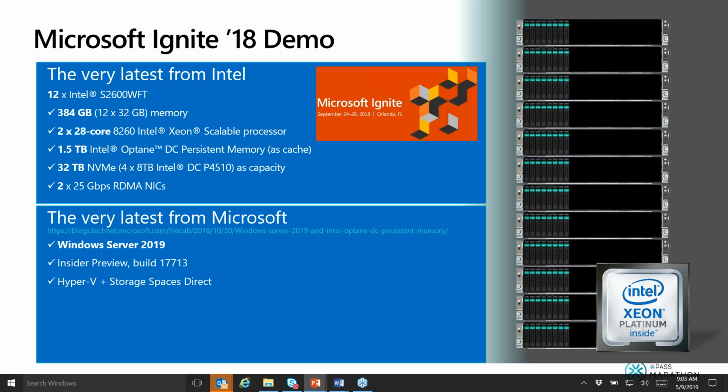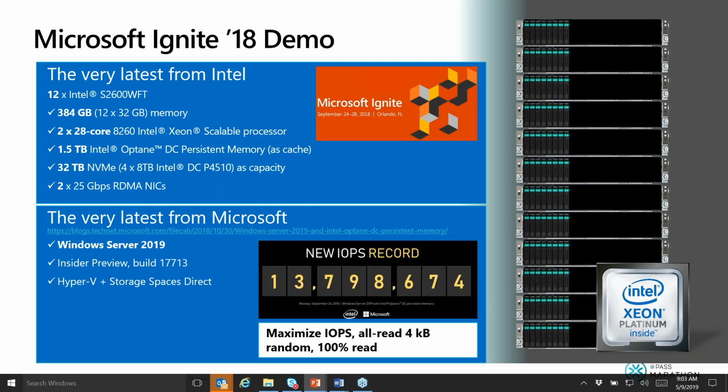We took our two 25 gig RDMA Columbiaville NICs. We took the very latest build from Microsoft, and we were able to deliver a world record 13.798 million IOPS, 4K random 100% read.